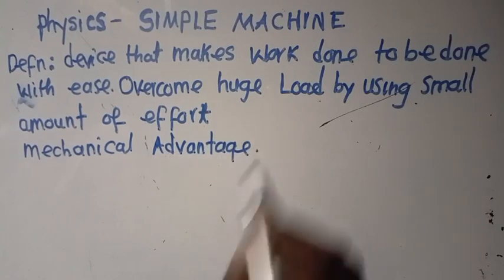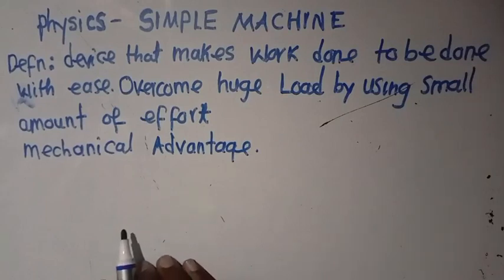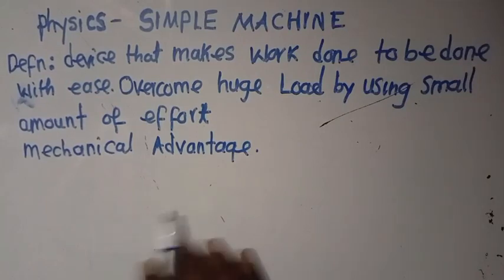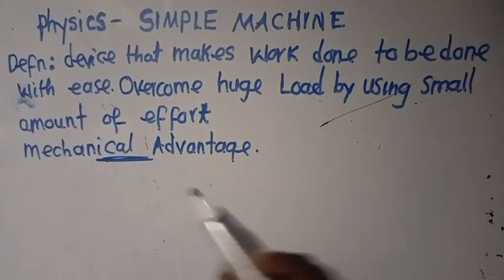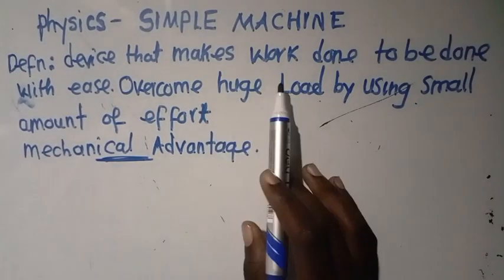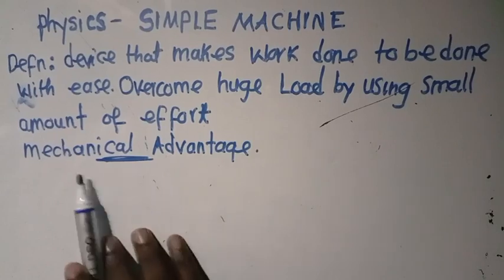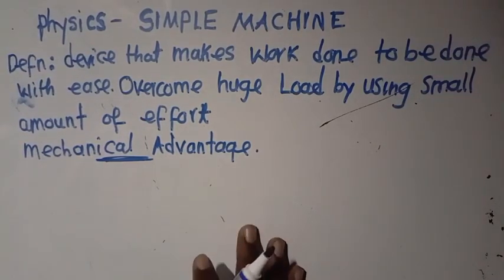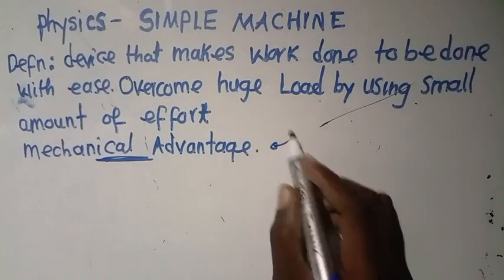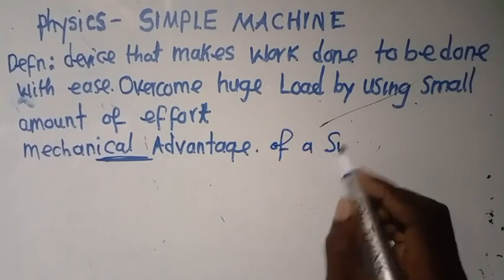What is mechanical advantage? What is the mechanical advantage of a simple machine? After understanding what a machine is, you also need to know the mechanical advantage of a simple machine.